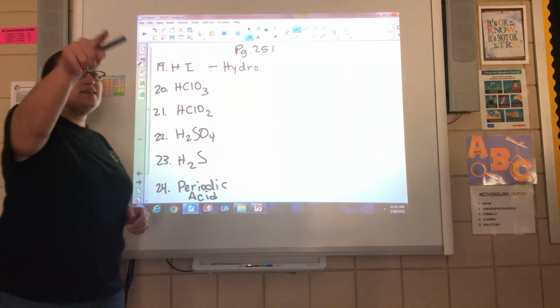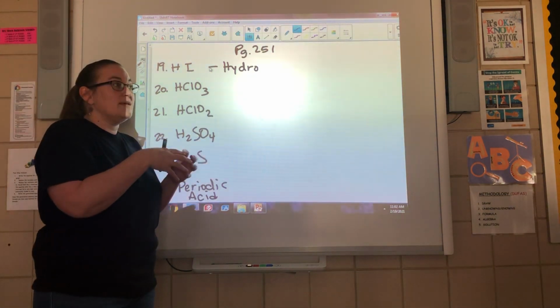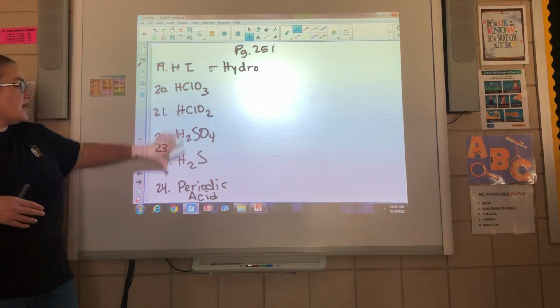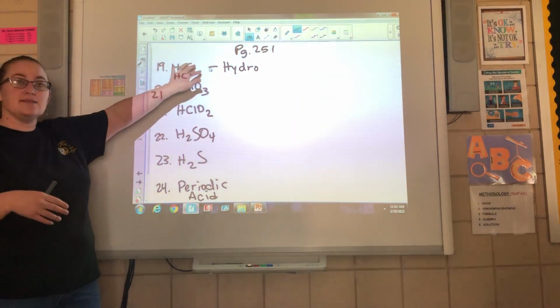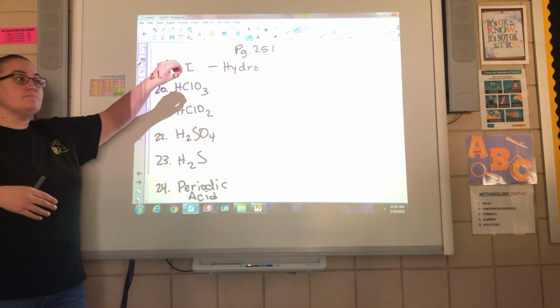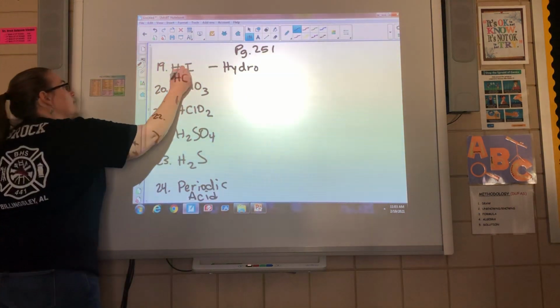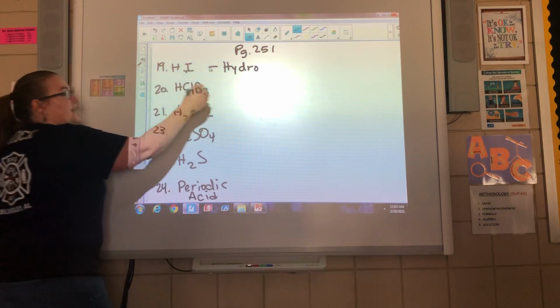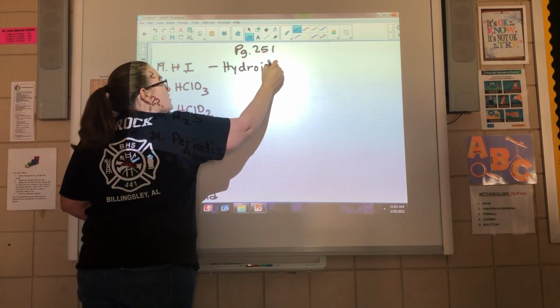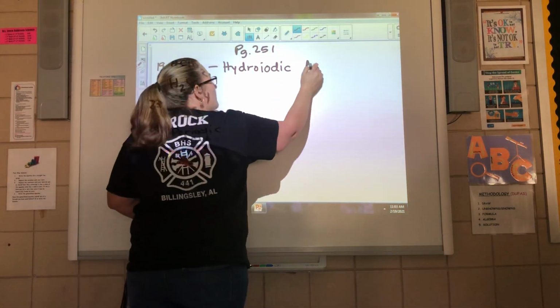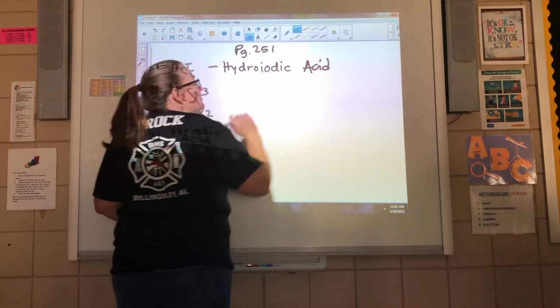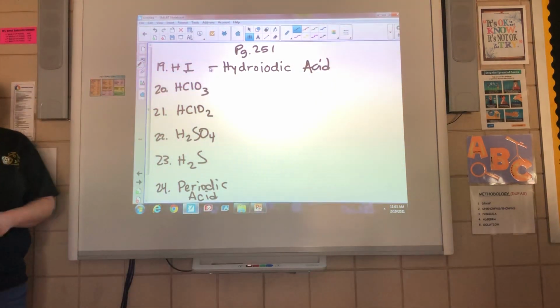IDE, if it's two elements, that's not an acid, but this is starting with hydrogen, so this one's going to be an acid. So hydro, what is this element here? Iodine. I'm going to call this one hydroiodic acid.